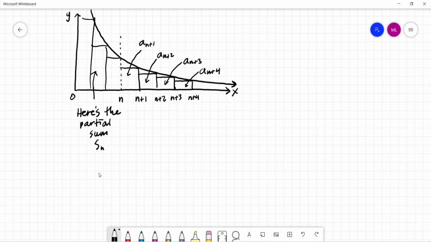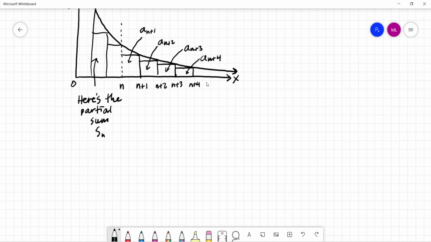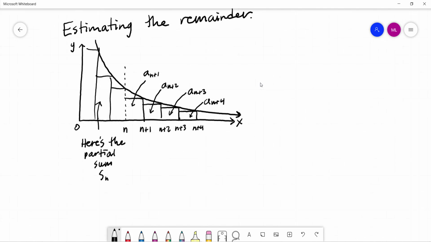And the remainder is anything that comes after n, so all of these areas to the right. And then we also have the total sum, where if I include all of the values on this side, plus all the values on this side, going on forever, we'll arrive at our full total sum. And out here again, this is just our y equals f of x, our decreasing positive continuous function.